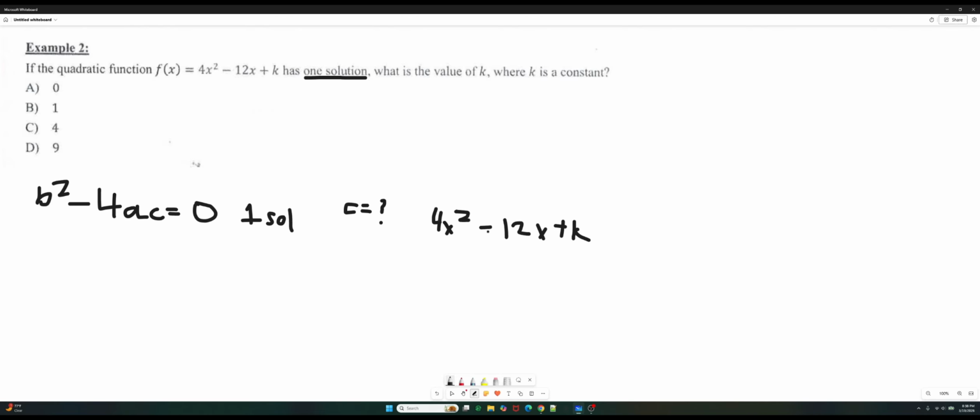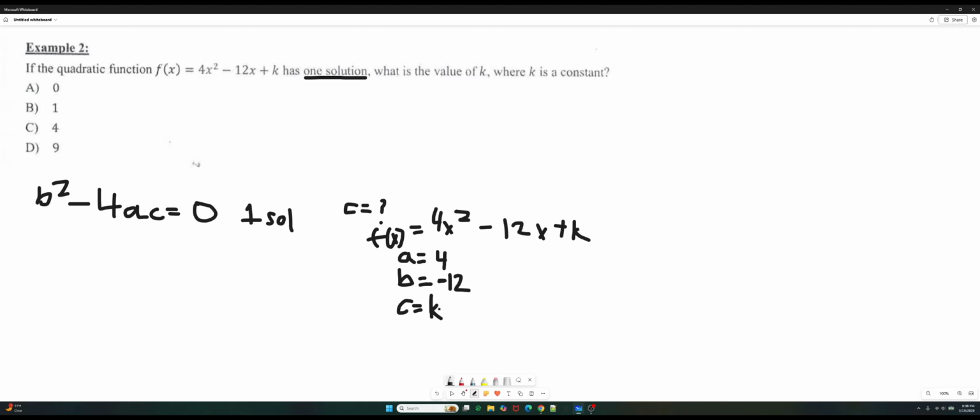So we have this quadratic equation. I'll just put equals f of x here. So a equals 4, b equals negative 12, and for c we're going to keep k as a placeholder.